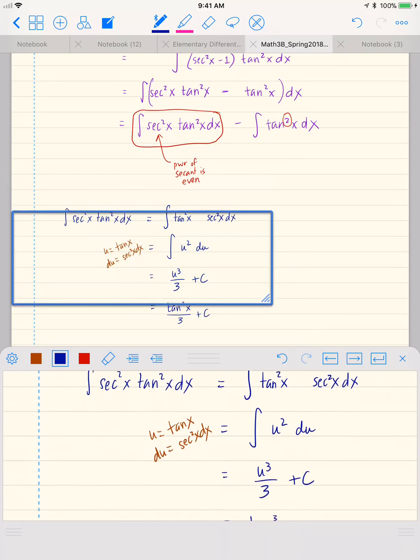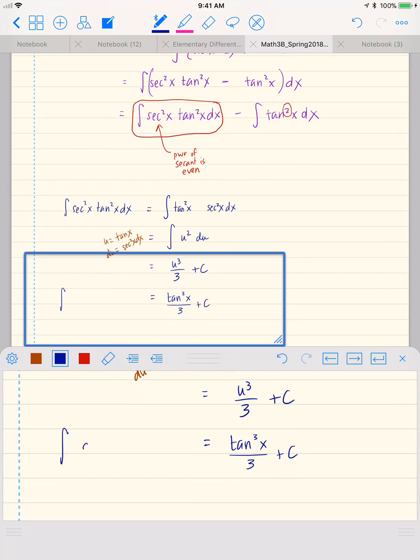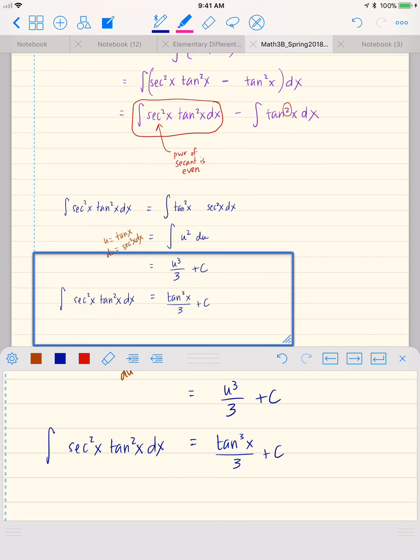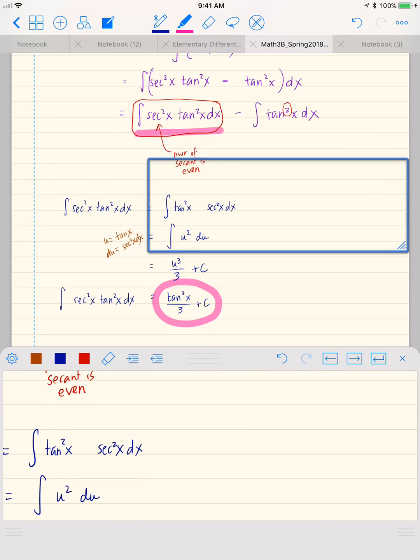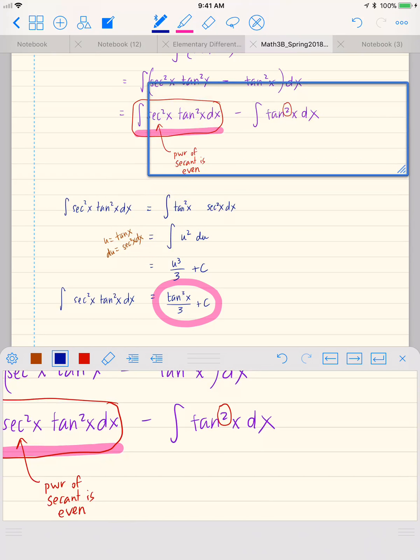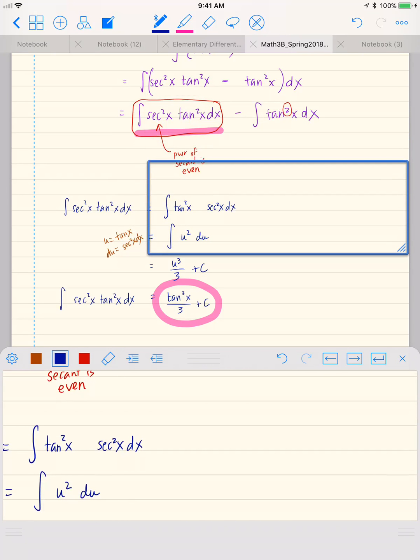So this is equal to the integral of secant squared x tan squared x dx. So we're going to take this and put it here. Now, what about this integral of tan squared? Does everyone see how we've got this integral of tan squared left?